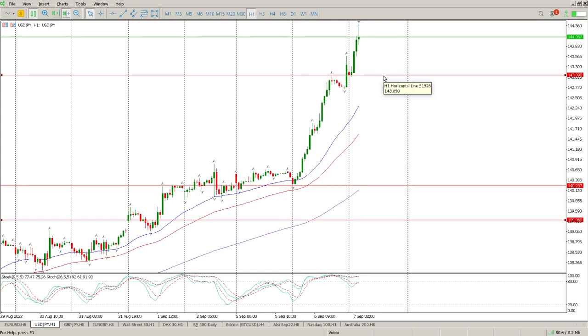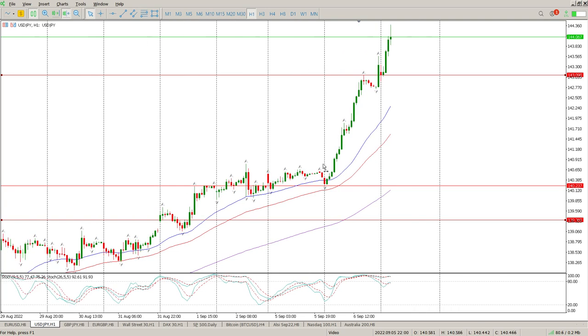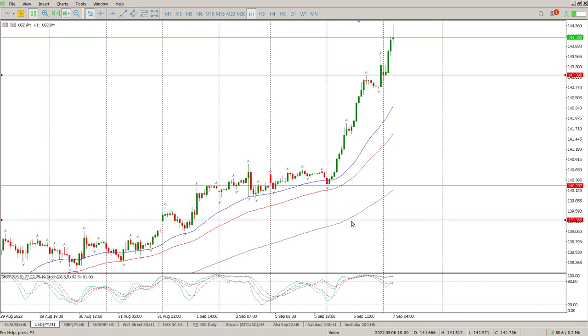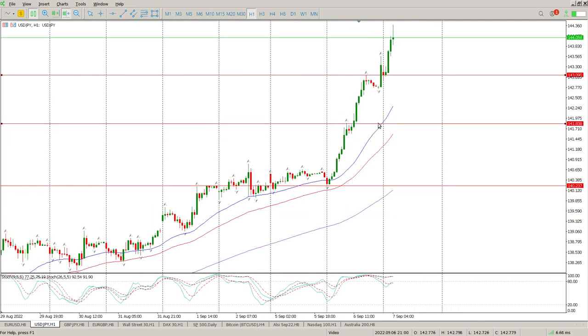That's 143.090. Alternatively, you'd be looking for something along the lines of a deeper pullback here at 141.871. So need to see a pullback, need to see some structure before looking for an opportunity to buy into it. Tight stop losses, because on the higher time frames it is looking very, very tired.